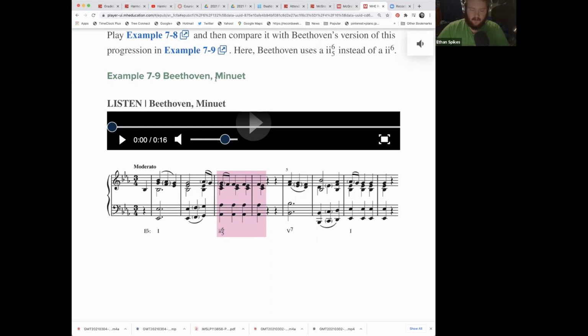Looking for something like suspension, passing. It's a passing tone. Yes, it is. That's okay. We'll take it.